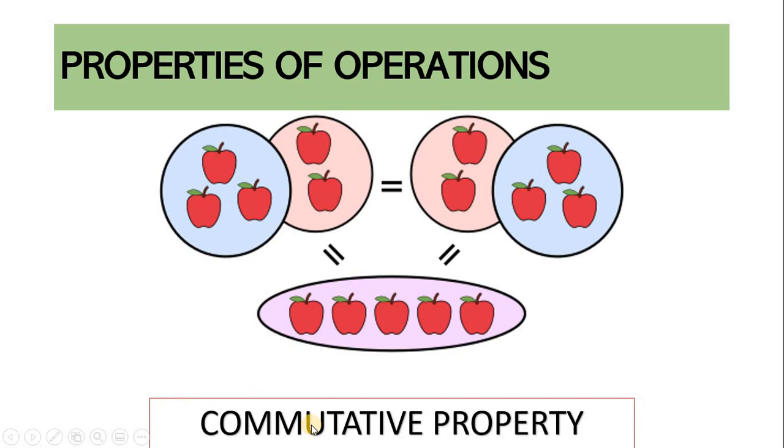The second one, we have the commutative property. So, we have here another illustration. 3 plus 2 apples is equal to 5 apples. This is just the same with 2 plus 3 apples. Diba? 5 pa rin yung lalabas.